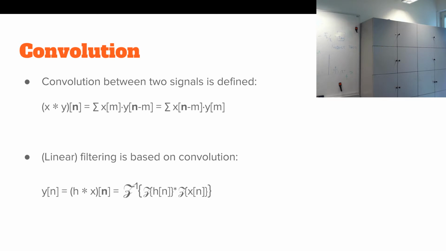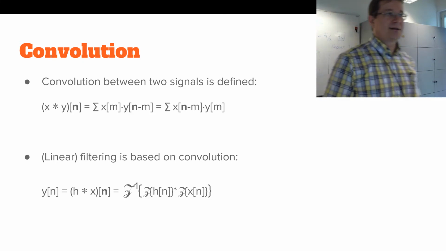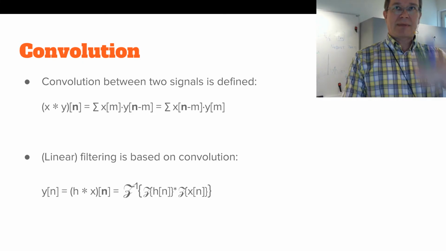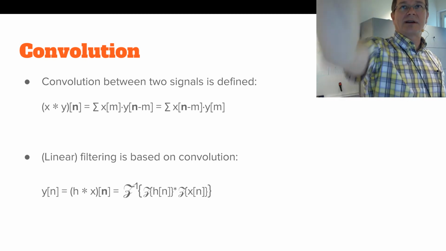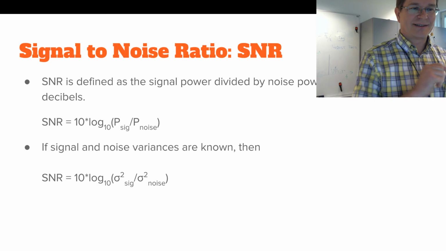And how do you do this filtering? You convolve the input signal, marked with a star. This is not a multiplication, it's a convolution. So you convolve the input signal with the impulse response of the system, and tada, there you have a filtered signal. And mathematically it looks like that. Ugly, right.